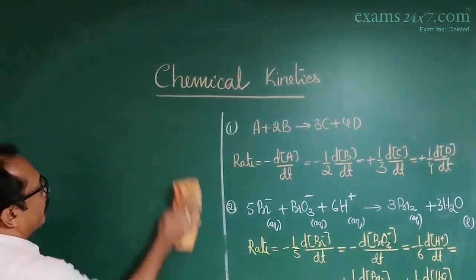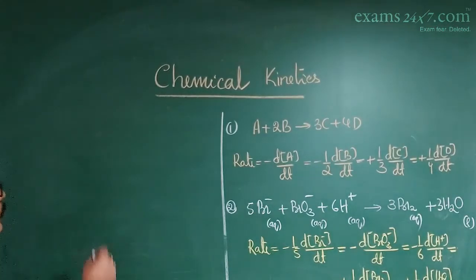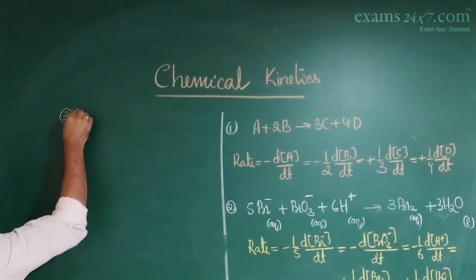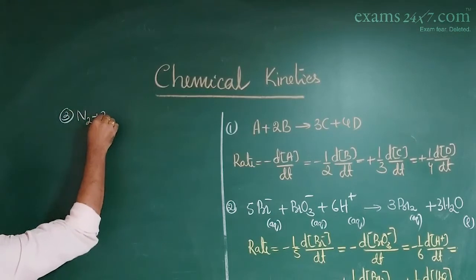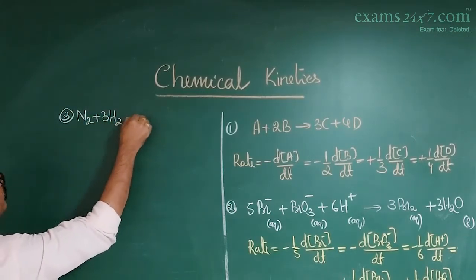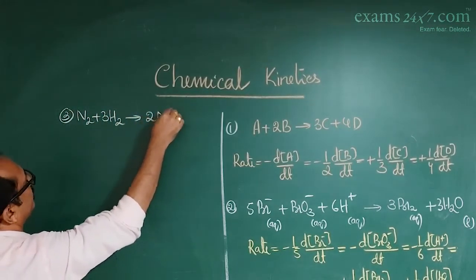One more example we'll take is the synthesis of ammonia. N2 plus 3H2 gives 2NH3.